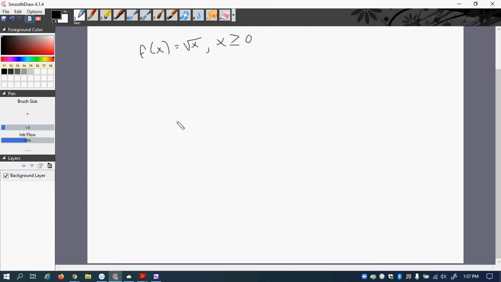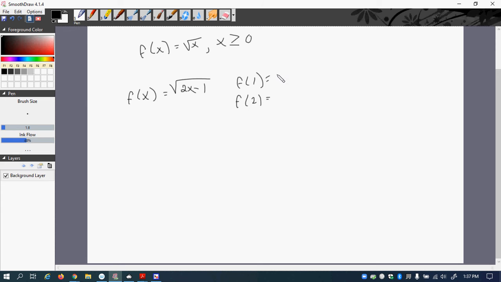Okay, so if I'm given a function with a square root like the square root of 2x minus 1, and they want me to put f of 1 in, as well as f of 2.